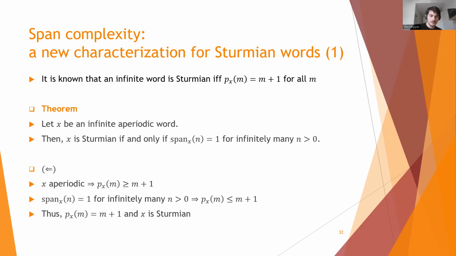So lower bound and upper bound match, and therefore the factor complexity is n plus 1 and x must be Sturmian.